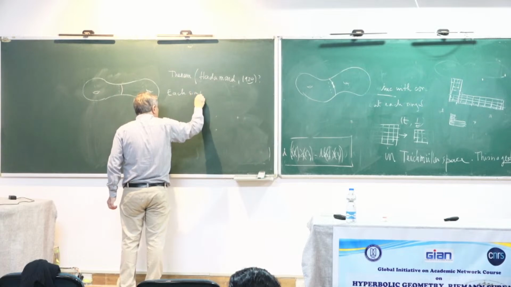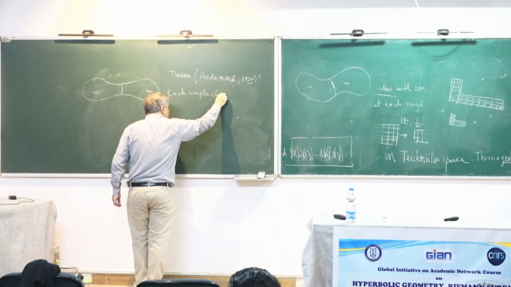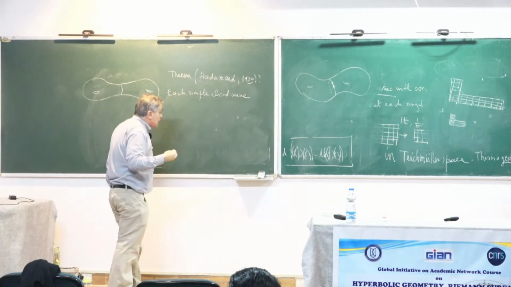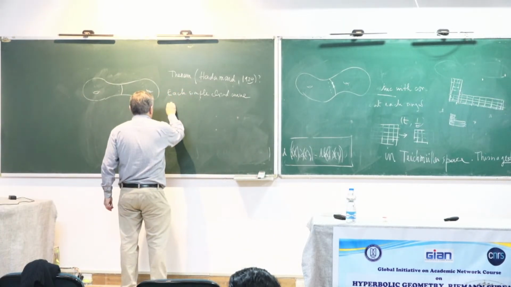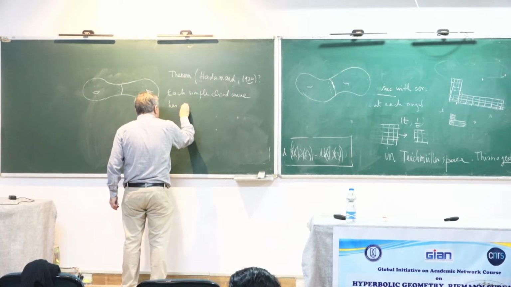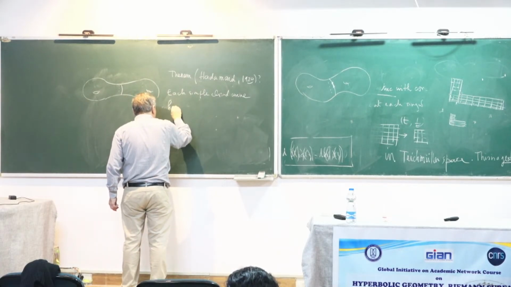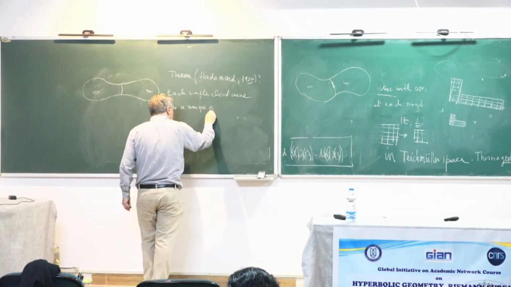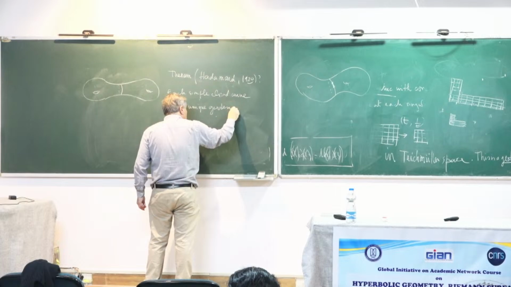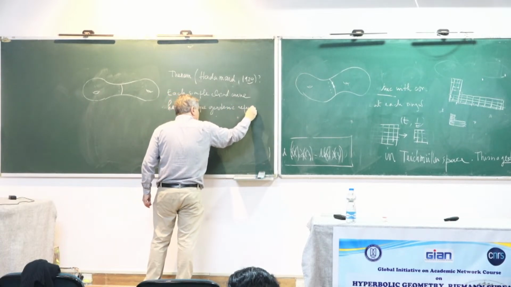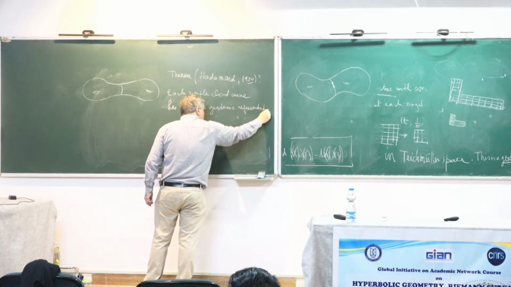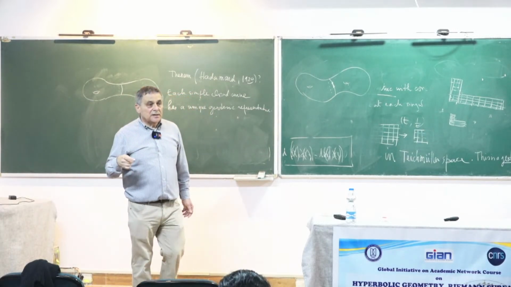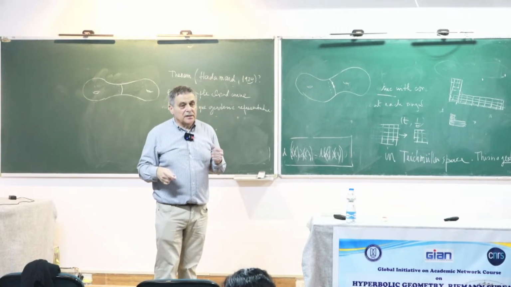Each simple closed curve, non-homotopic to a point, has a unique geodesic representative. In each homotopy class of simple closed curve, I have a unique geodesic.